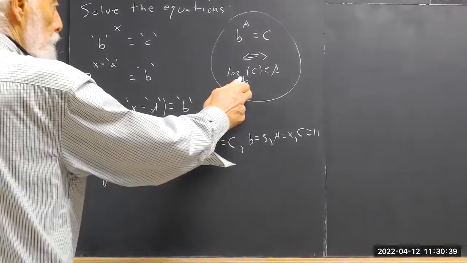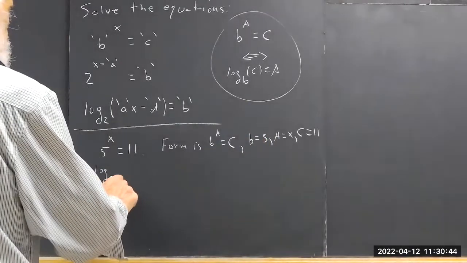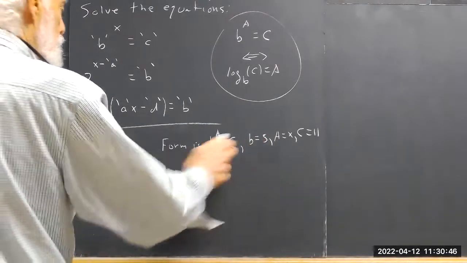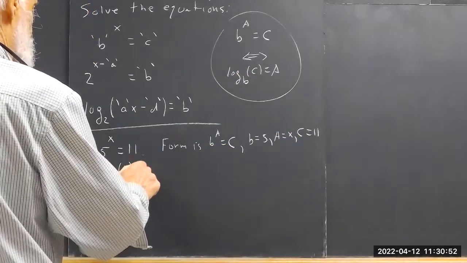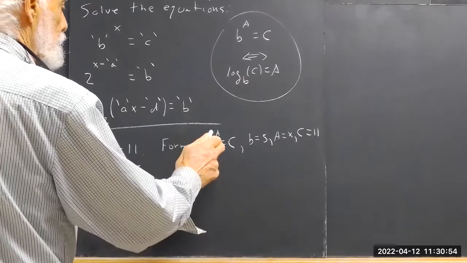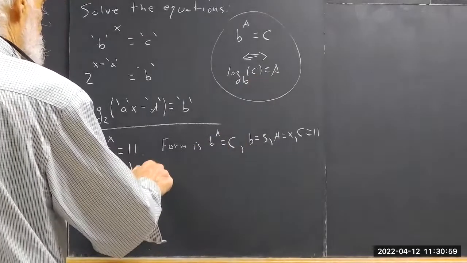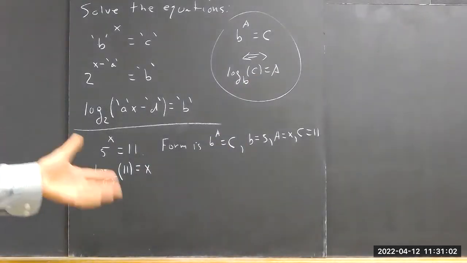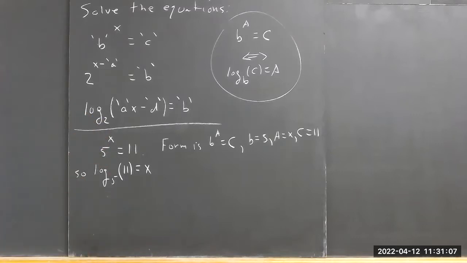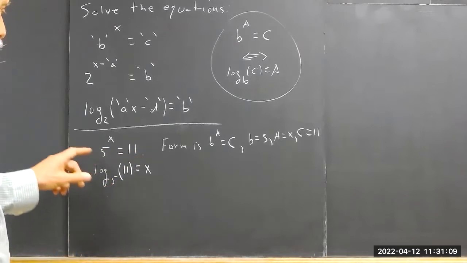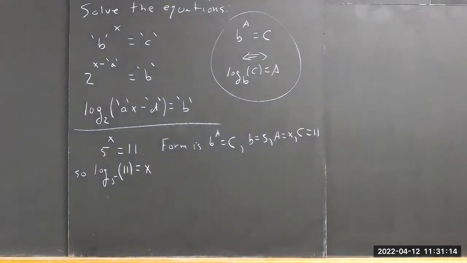Log base B, which is 5, of C, which is 11, equals A, which is x. After a while, you can look at these and see the base of your exponential becomes the base of your log. And what's on this side goes in here, and it goes over here. But right now, you want to do this.